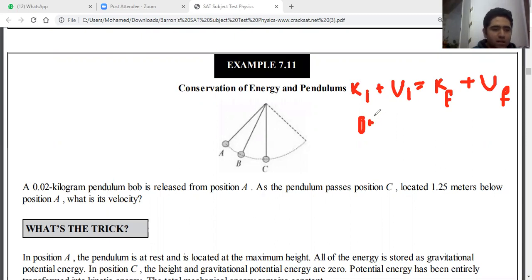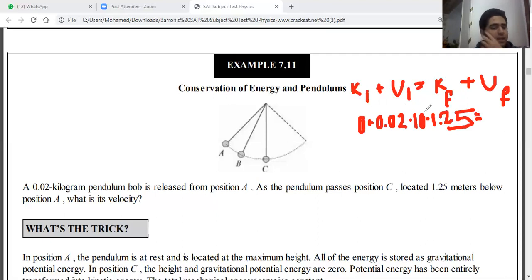Well, I know the ball is 0.02. M times g, acceleration of gravity, times h, which is 1.25. That is going to equal the final kinetic energy.